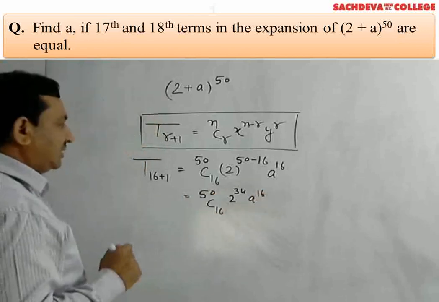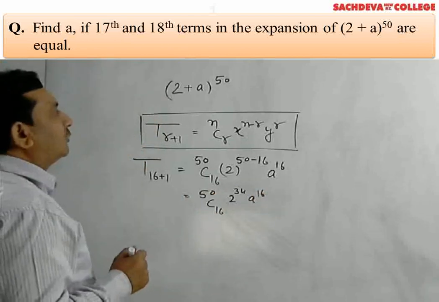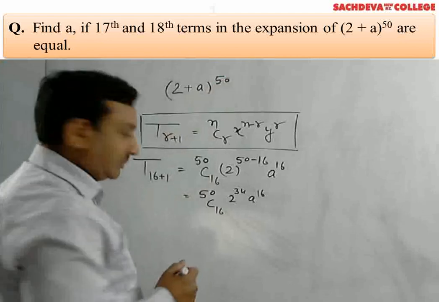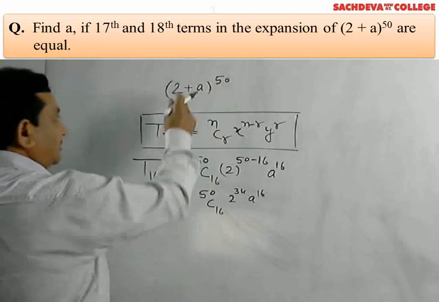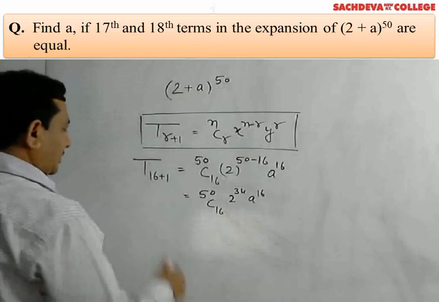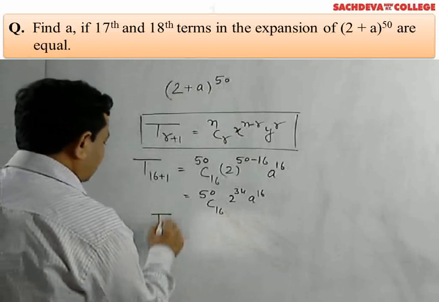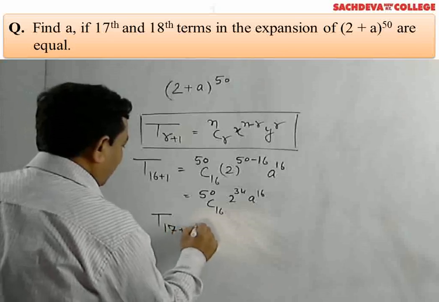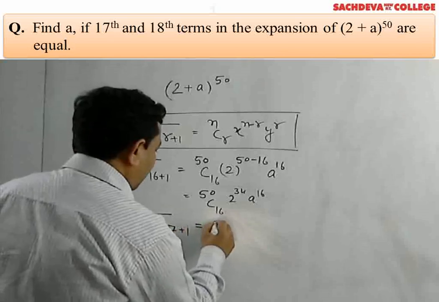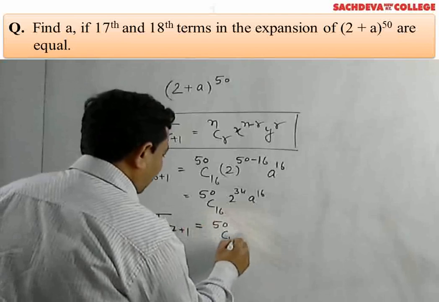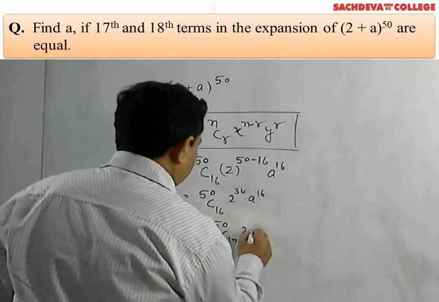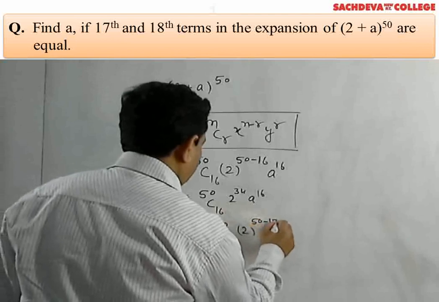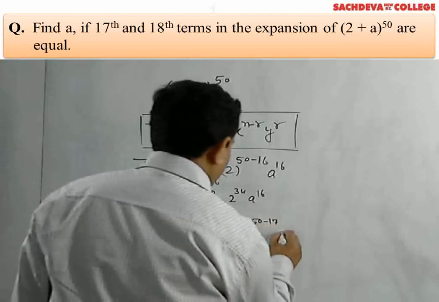This is the 17th term in the expansion of (2 plus a) to the power 50. Now we find the 18th term. So the 18th term is T(17 plus 1), which will be equal to 50C17 2 to the power 50 minus 17 into a to the power 17.